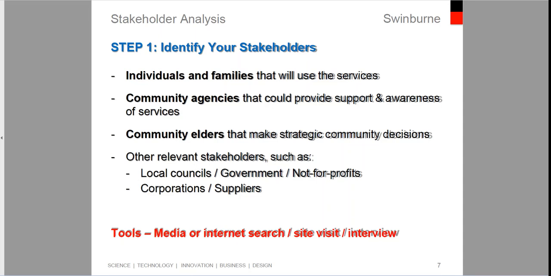So what are the tools for stakeholder identification that we can use? There are several tools that can aid in identifying stakeholders more effectively, specifically for those who are not going to the field itself, like people who are doing the projects in the classroom environment, right? So you can do a media or internet search.